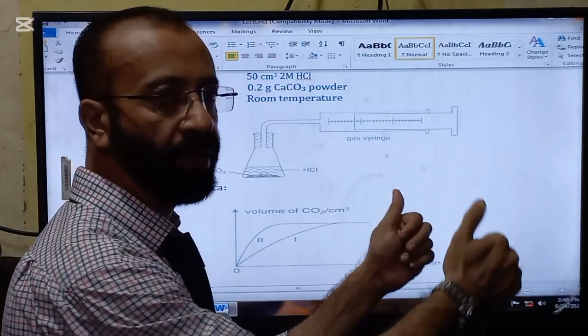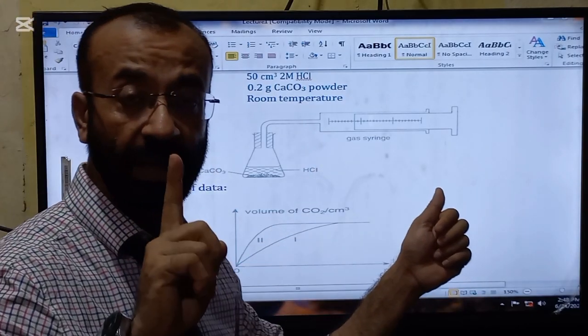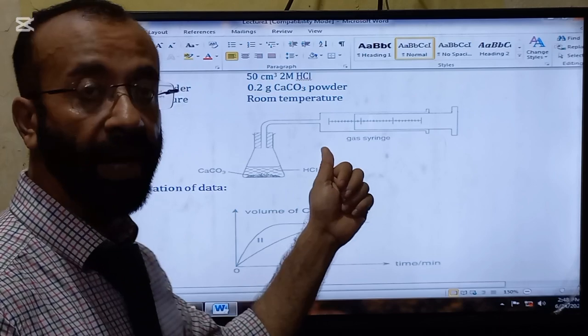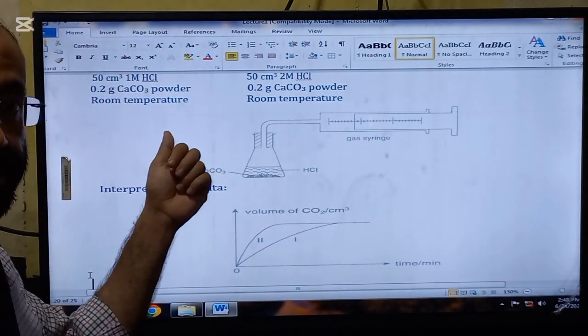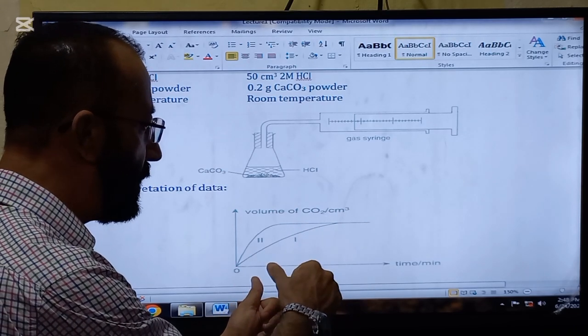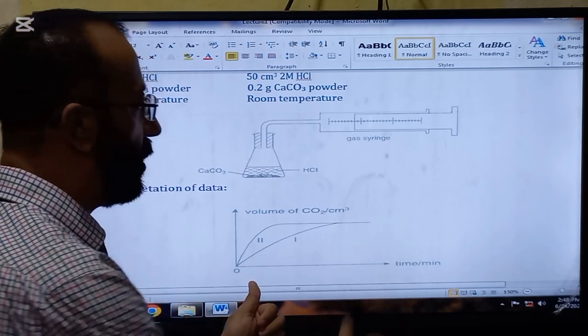After 3 minutes, the volume of the gas produced is noted. So these are the values of time and volume noted for experiment number 1. After 3-4 values are obtained, they will be plotted on the graph paper and a curve will be drawn.